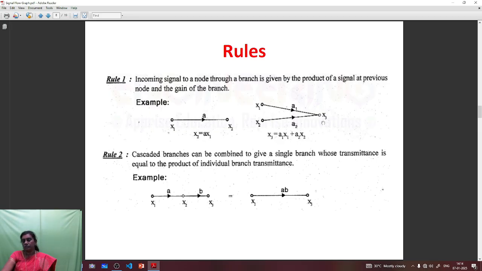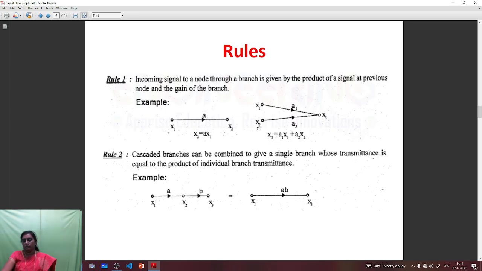Similarly, for the next flow graph, here we are having two inputs and one output. x1 and x2 are the inputs to the x3 node. So how we can get the output at the x3 point is, at this node the signal is x1, it should be multiplied by a1, so that you will get a1 into x1.